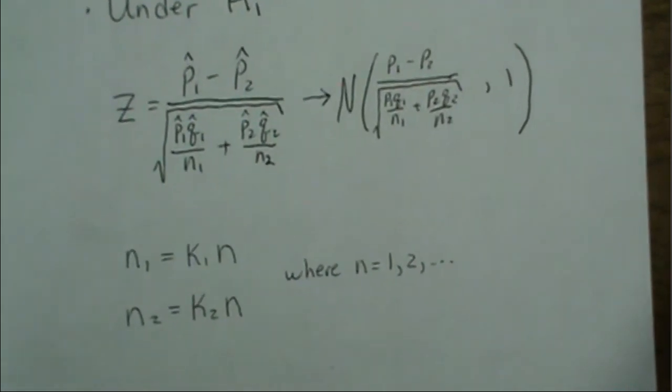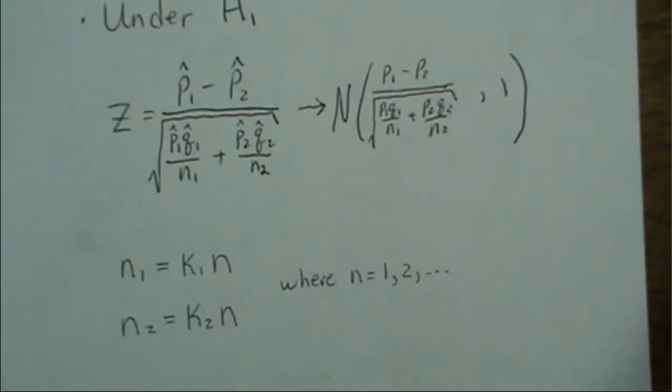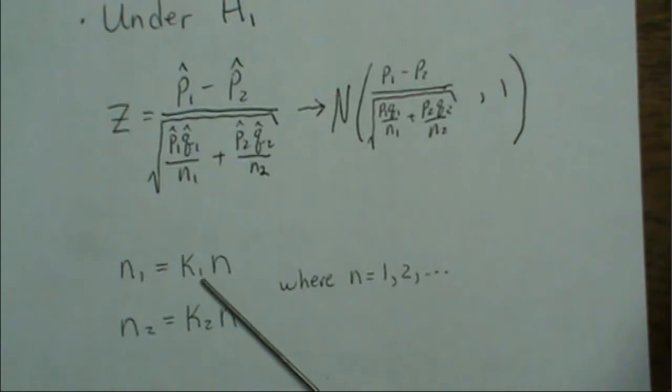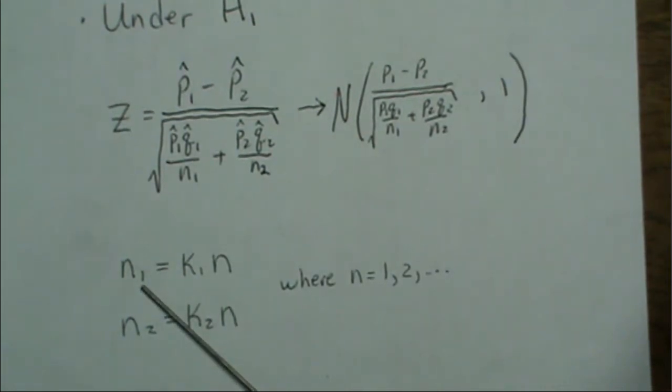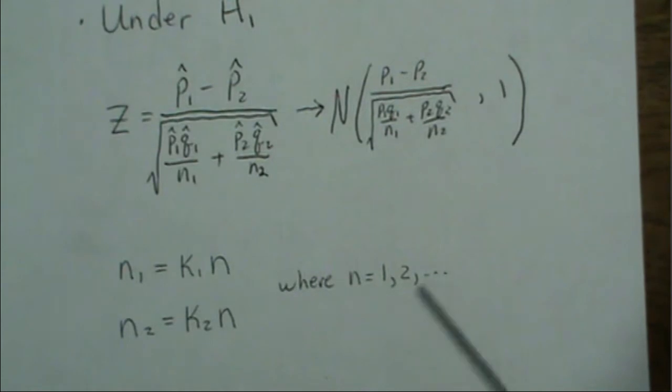But since we're in the unequal sample size case, we need some more structure about our sample size. What we've done in past videos is let the sample size from the first population be K1 times N, the second K2 times N, where N goes from 1 to infinity.